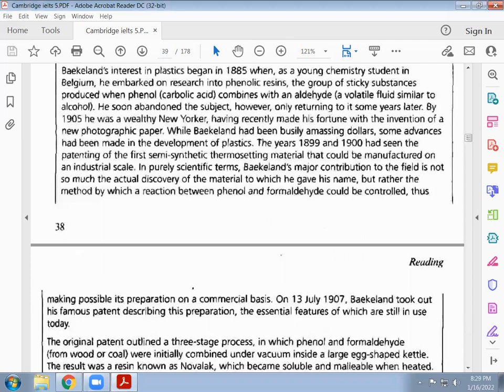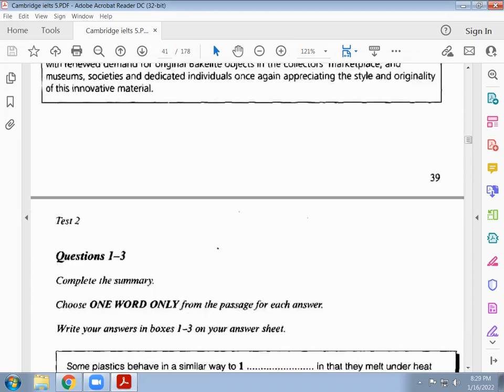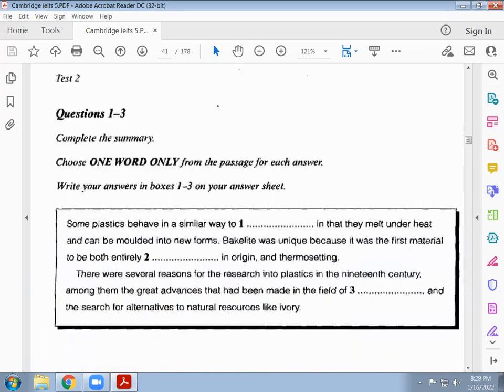And if you see this type of question, a summary completion question, then underline or highlight the question keywords and circle some words that are before the blanks and after the blanks. And then if the position of the summary is at the beginning, try to search in the beginning. If it is in the middle, try to search in the middle. And if it is at the end, try to search at the end.